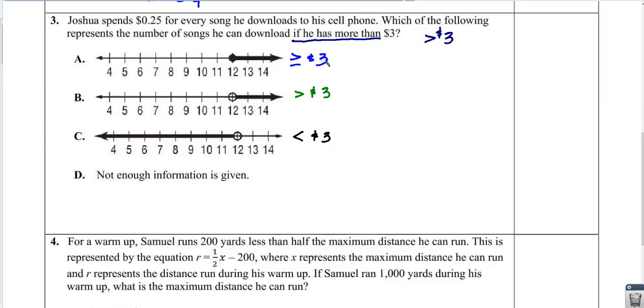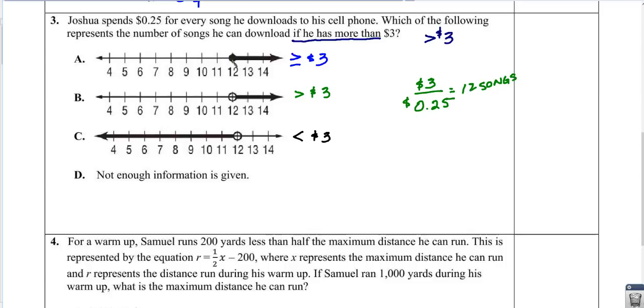Now, you might be saying, well, you say $3, but that's a 12. Remember, the songs cost 25 cents each. So we need to take the $3 and divide it by the 25 cents. If he had exactly $3 and was going to spend it all, that would be exactly 12 songs.